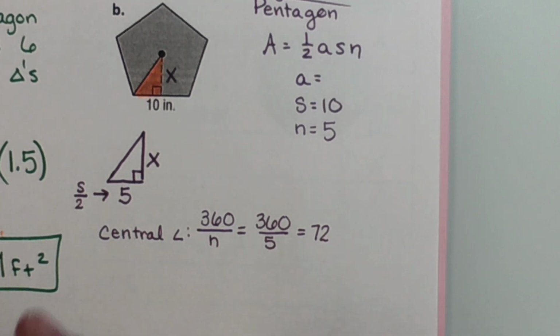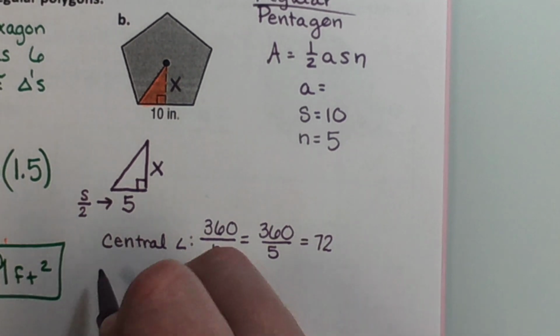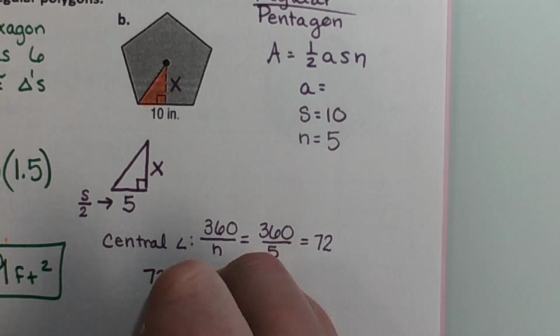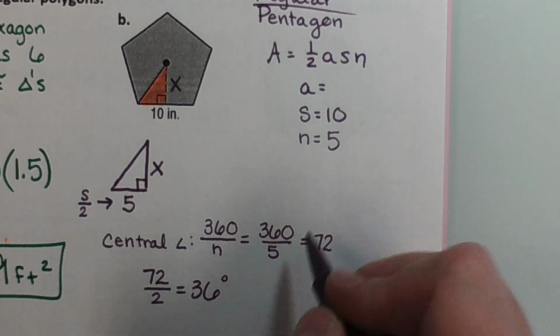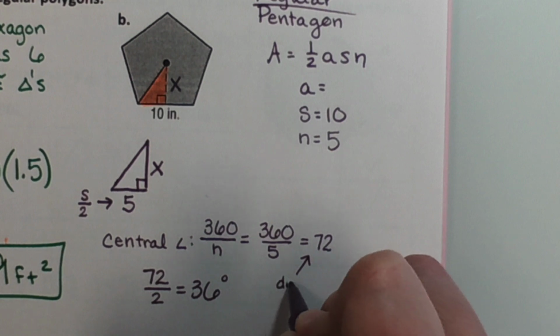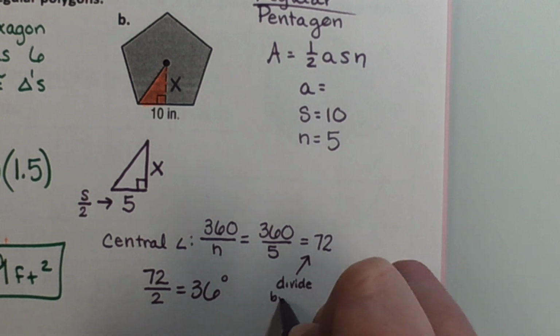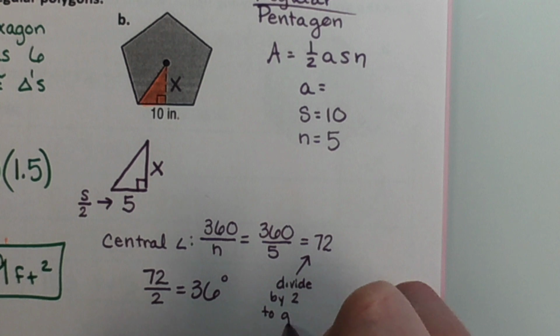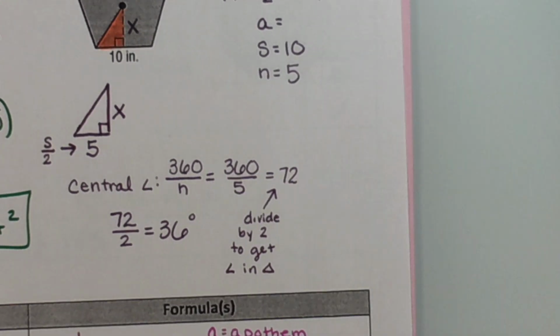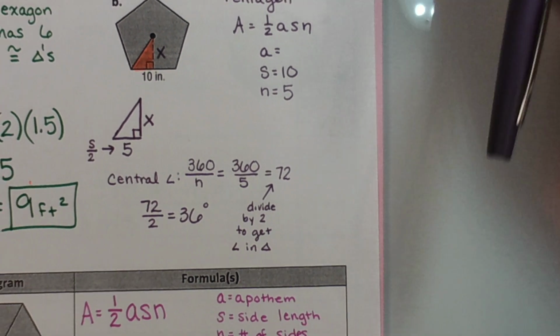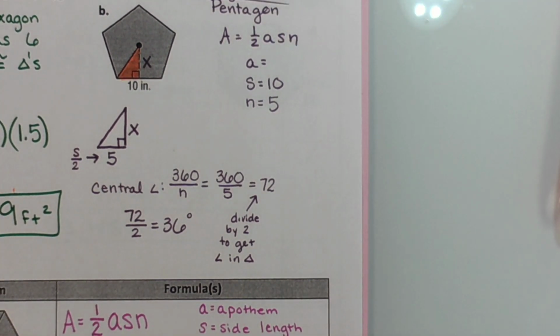Is the central angle inside this triangle directly? No. Half of it is. So I take that 72 and I divide it by 2, I get 36. Little note to self, divide by 2 to get the angle in the triangle, more specifically, the angle in the triangle that is next to the center.